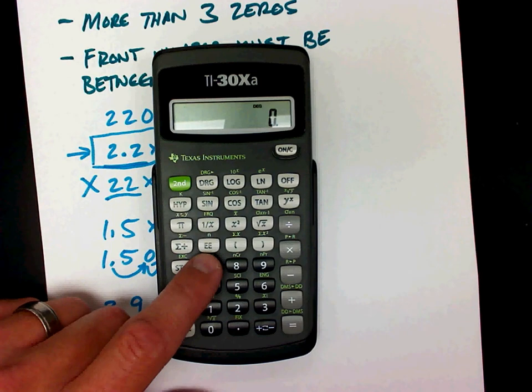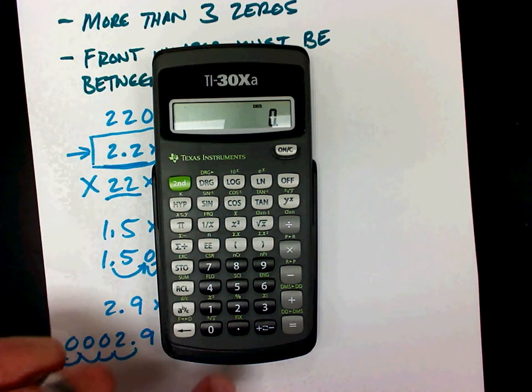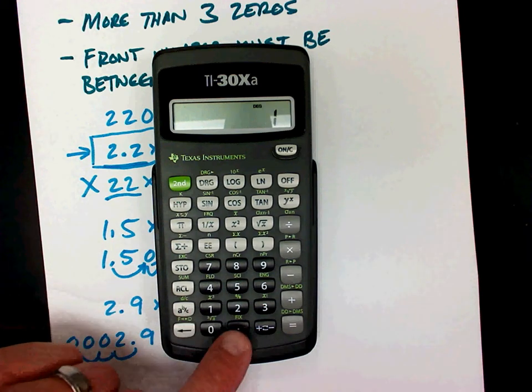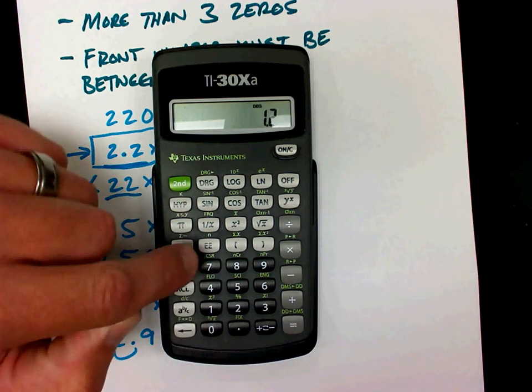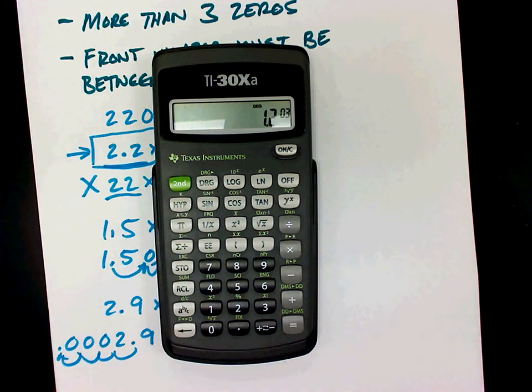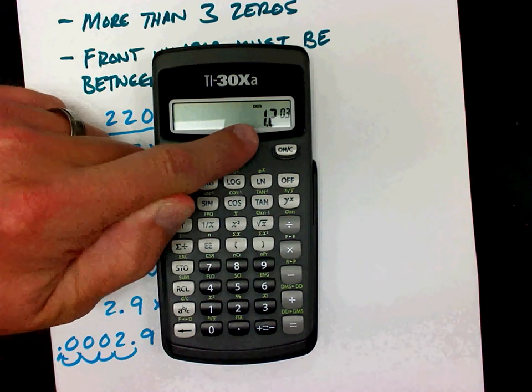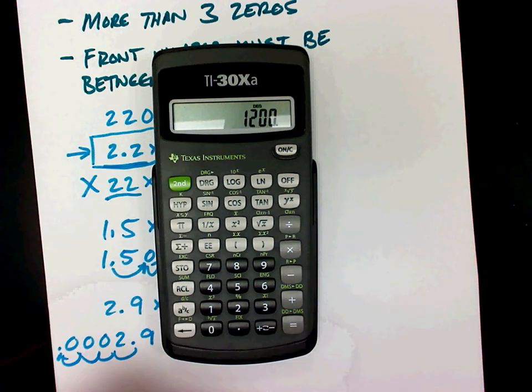So if we have the number like 1.2 times 10 to the 3rd, this calculator allows us to do 1.2. The EE button takes care of the times 10 to the 3rd. And so now I've just entered that number that's in scientific notation into the calculator, and you can actually hit equals and it will take it out of scientific notation for you.